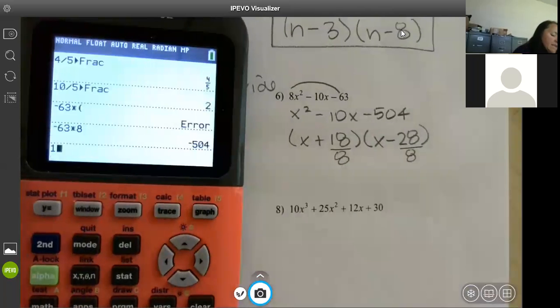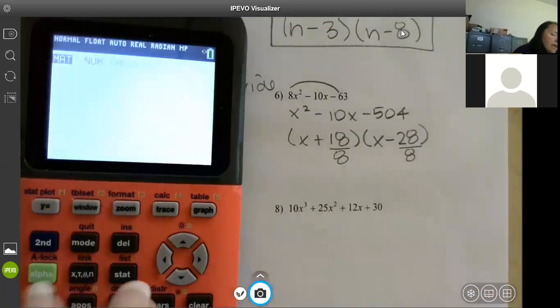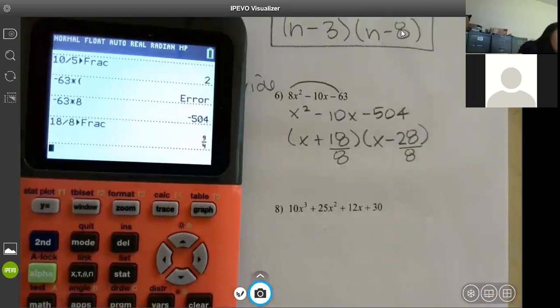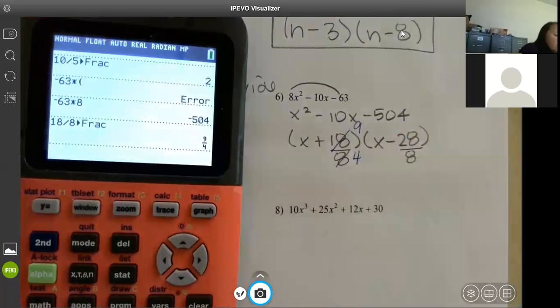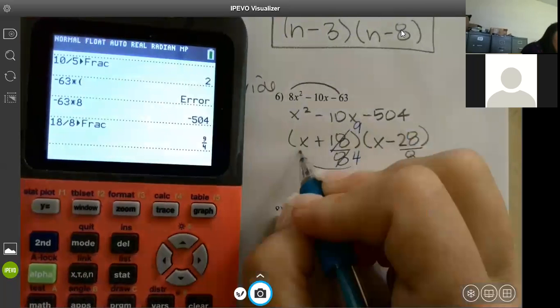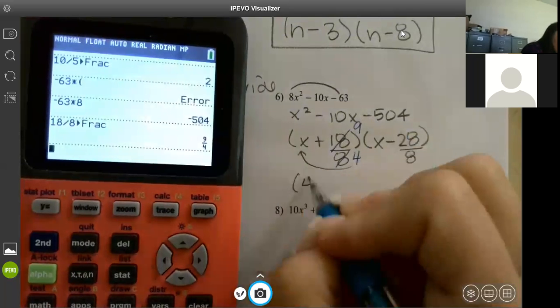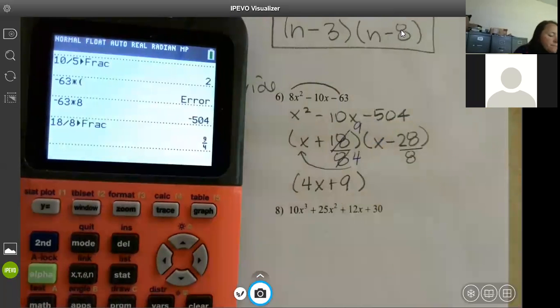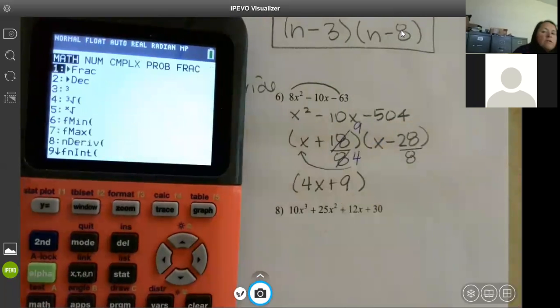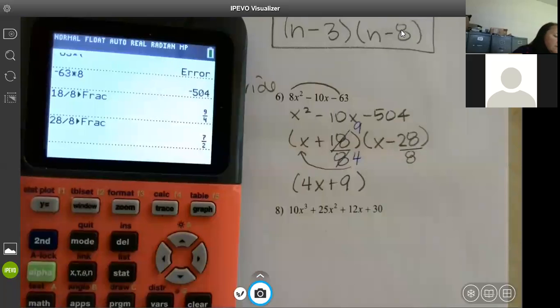I'm going to check 18 divided by 8, math, enter. It changes to 9 over 4. So that 4 is going to slide up and be 4x plus 9. Do your 28 over 8.